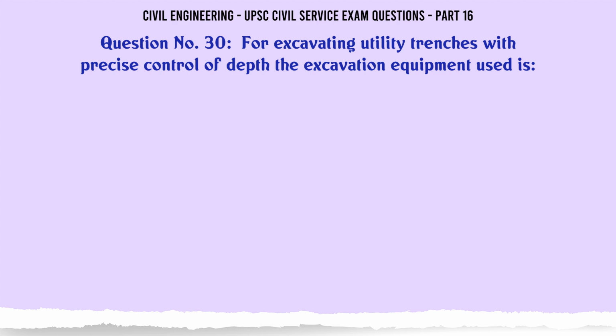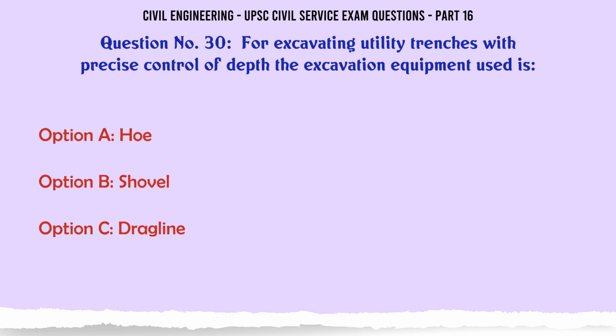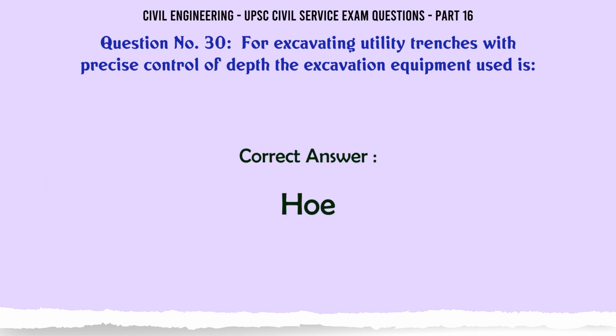For excavating utility trenches with precise control of depth, the excavation equipment used is A. hoe, B. shovel, C. dragline, D. none of the above. The correct answer is hoe.